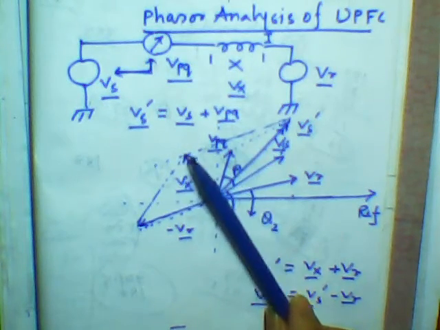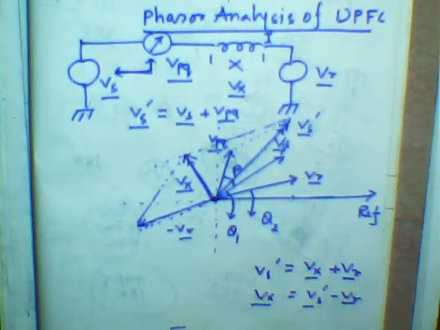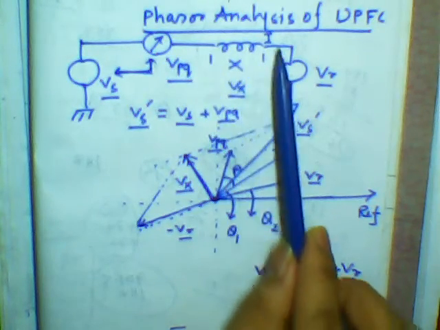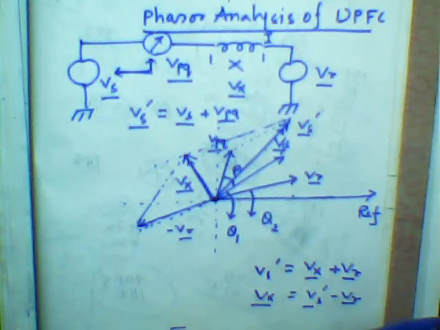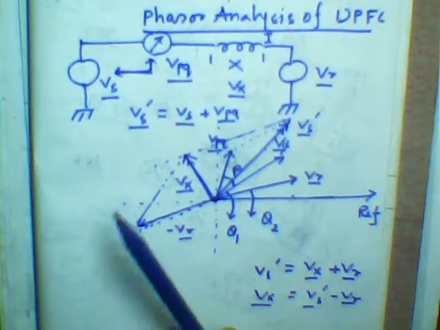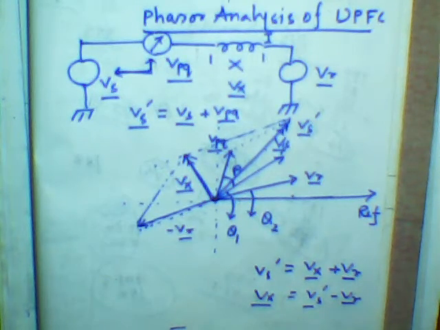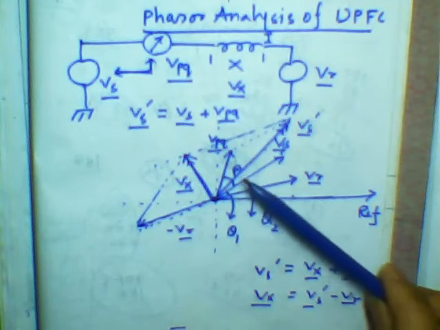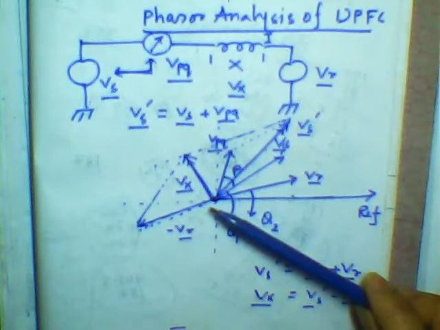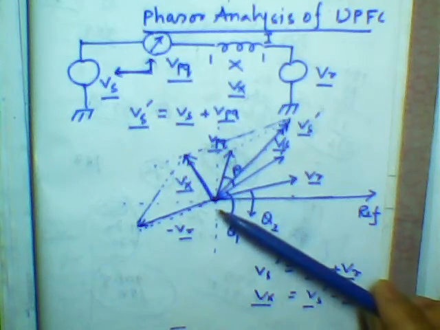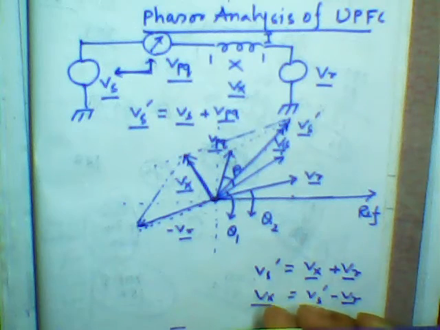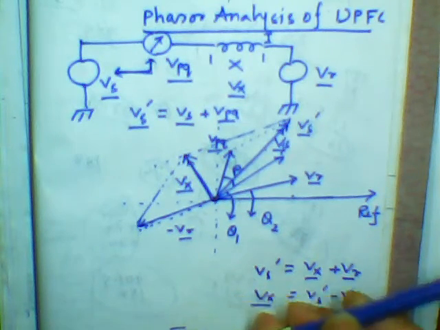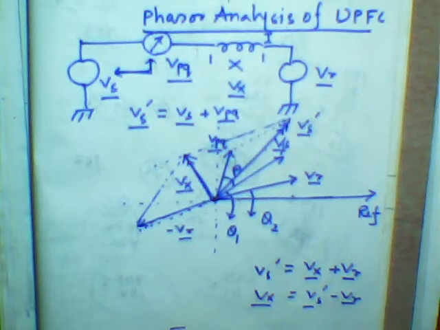The position of Vx can be varied, and because the impedance is purely inductive, the current will lag the voltage by 90 degrees. So by adjusting the Vpq, I can shift the current phasor anywhere in the 360 degree region.